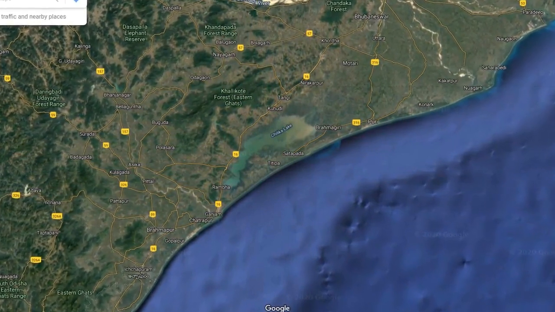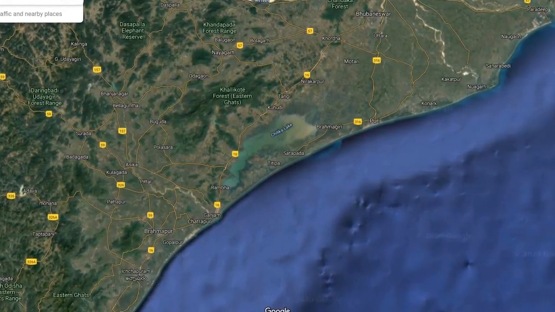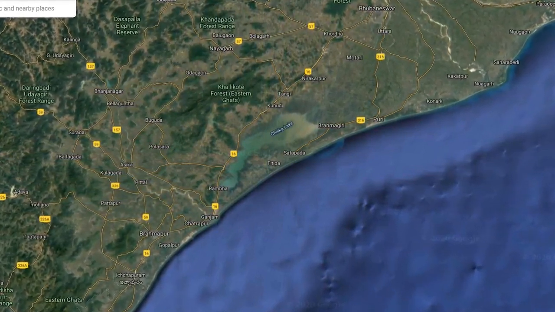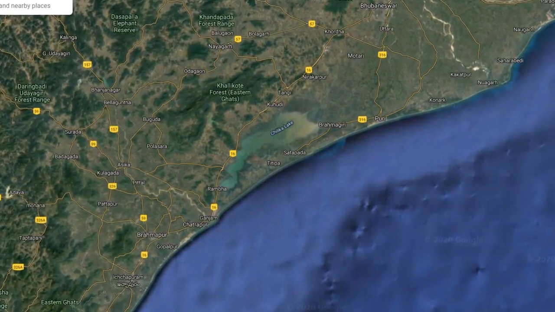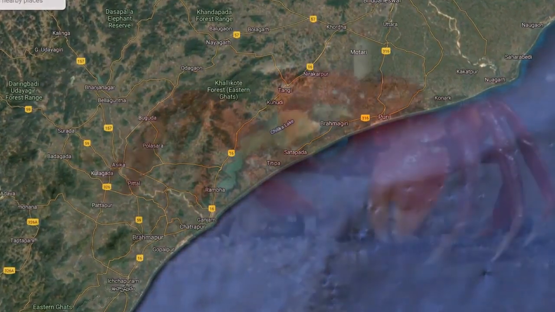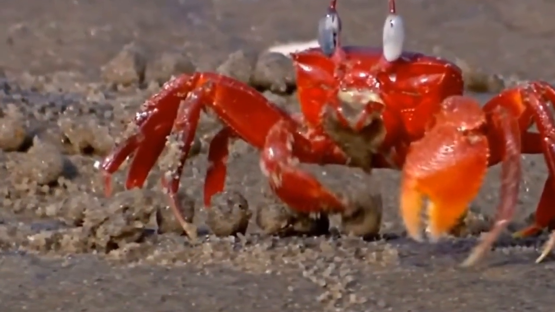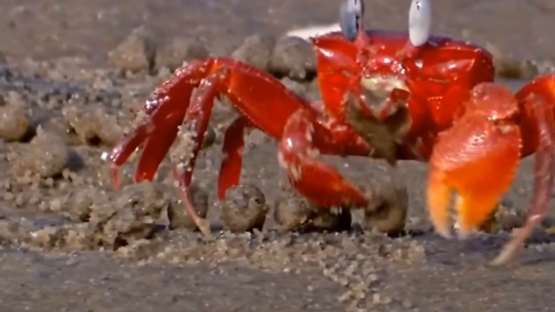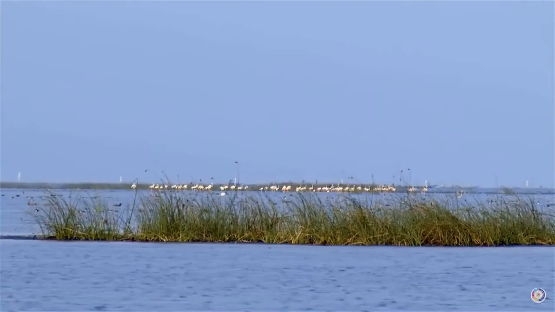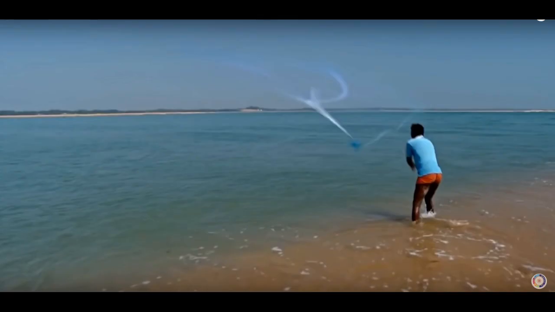There is a little fluctuation, but otherwise it is roughly 1100 square kilometers, and a storehouse of huge biodiversity, starting from crabs, fishes, and prawns, which provide a source of income for the fishermen. In 132 villages, some 150,000 fishermen earn their livelihood from this lake.